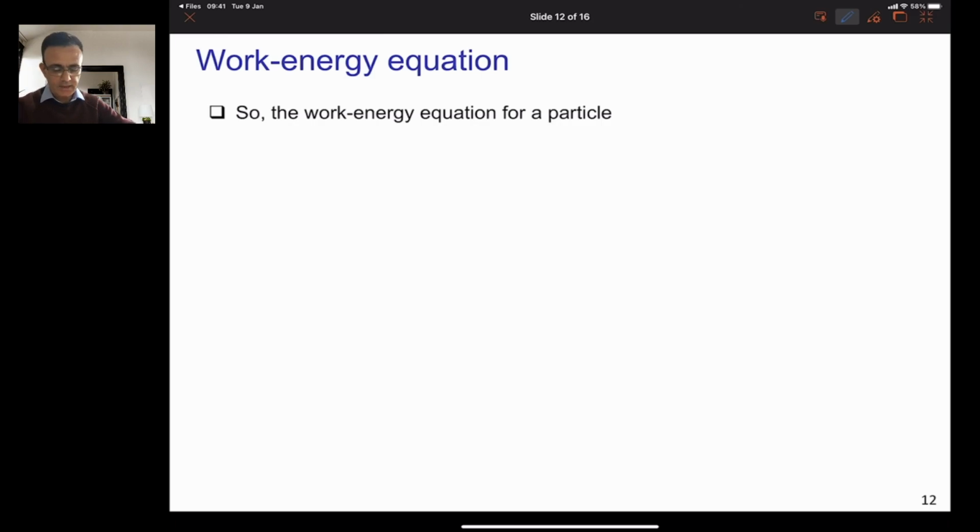Okay, so now the work energy equation for a particle, which we derived just now, was T2 minus T1 equal to delta T.